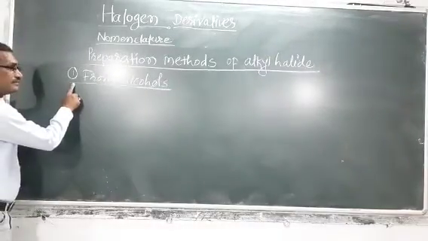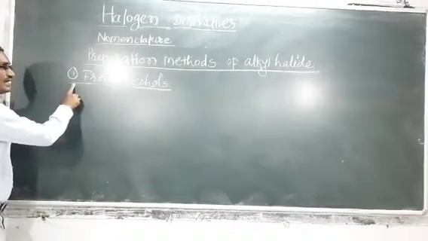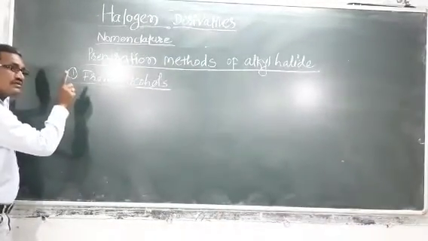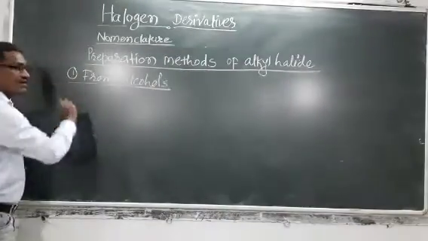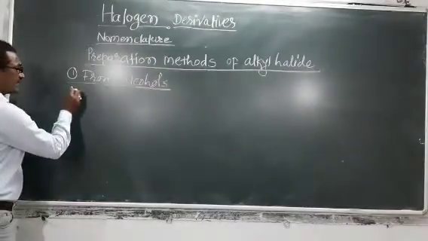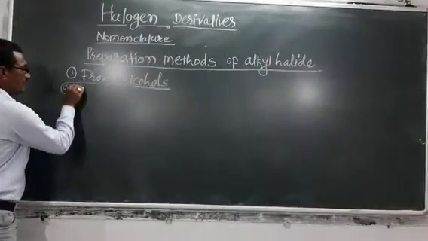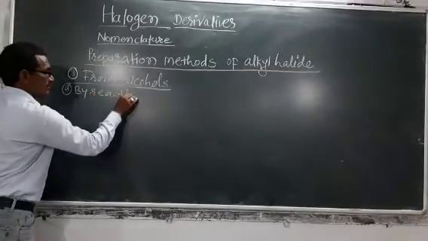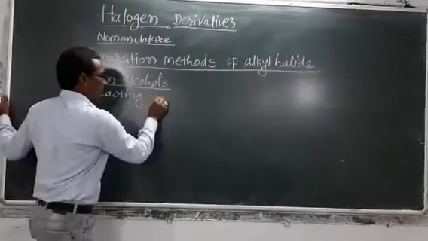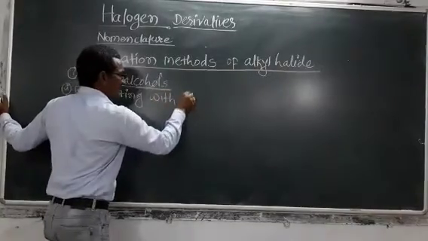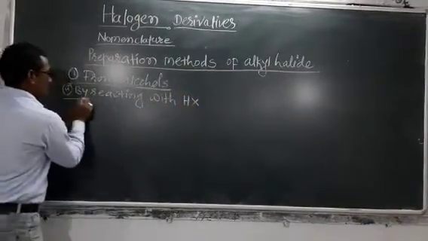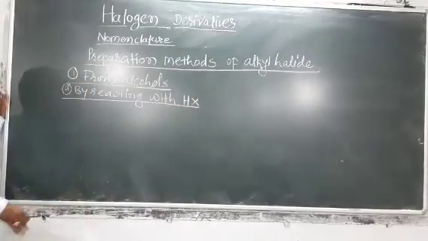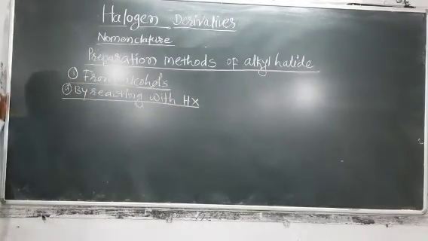Now we are going to learn the preparation of alkyl halide, that is, preparation of monohalogen derivatives from alcohol by reacting with HX. HX is also called hydrogen halide, or haloacids.